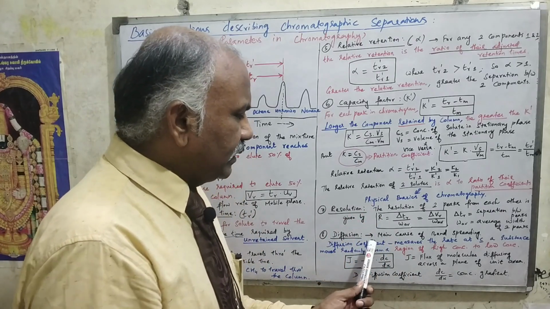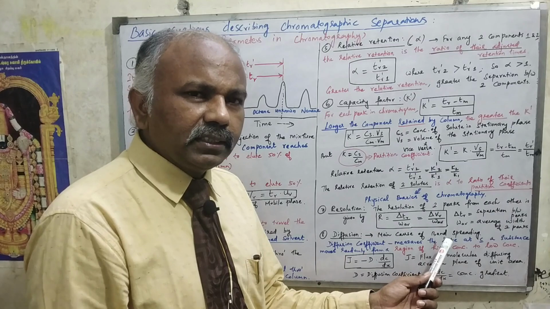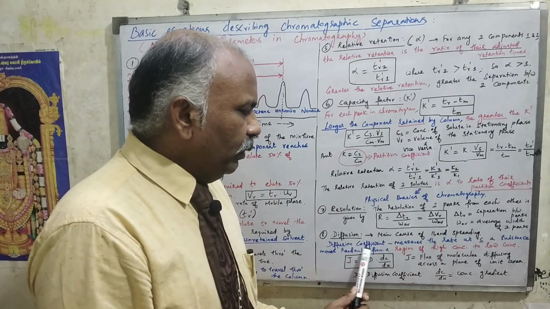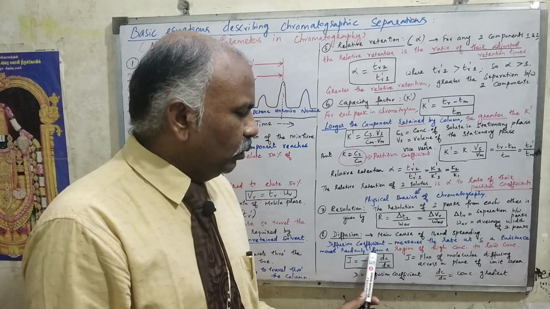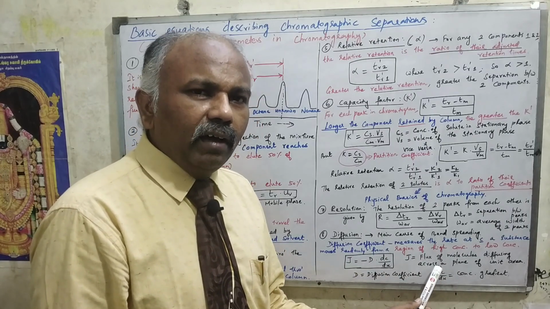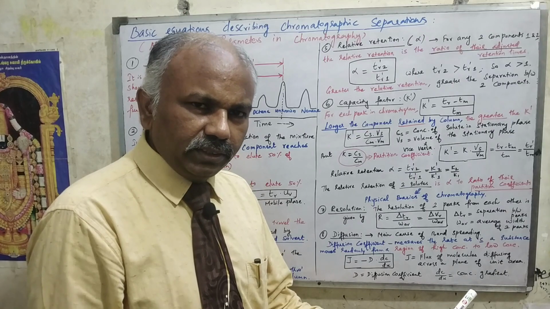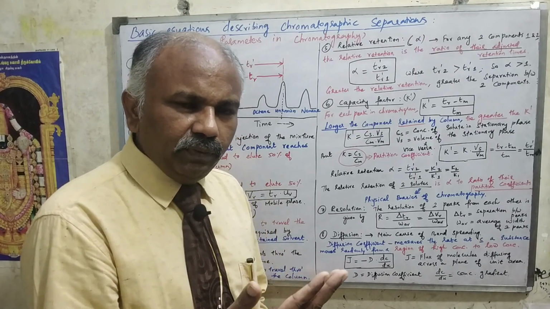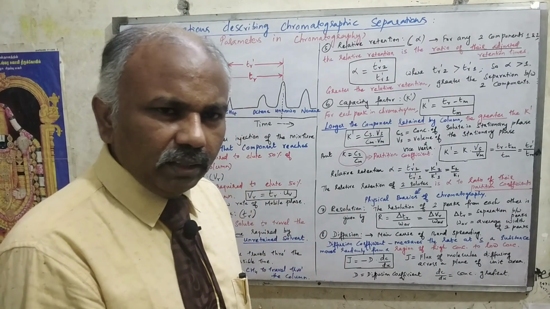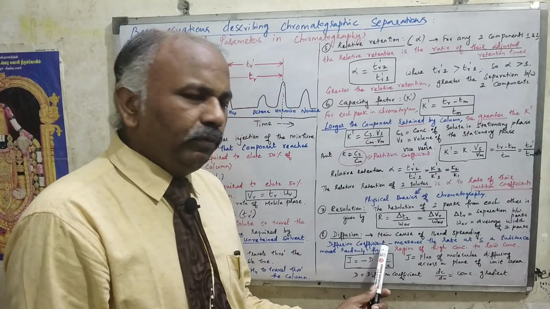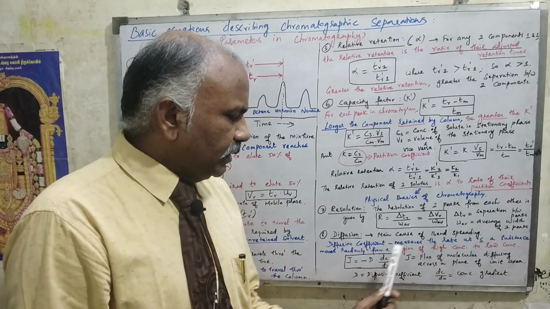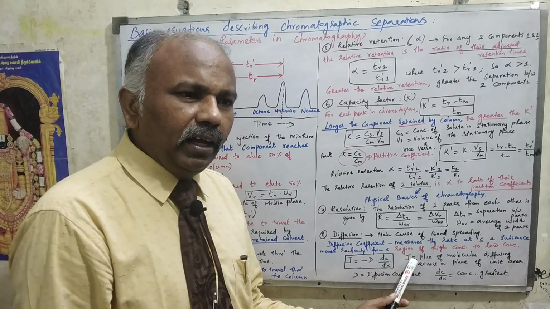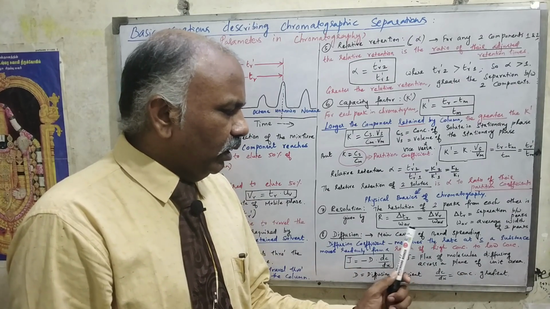So diffusion is one of the very important causes of band spreading, and the diffusion coefficient measures the rate at which a substance or molecule moves randomly from a region of higher concentration to lower concentration.